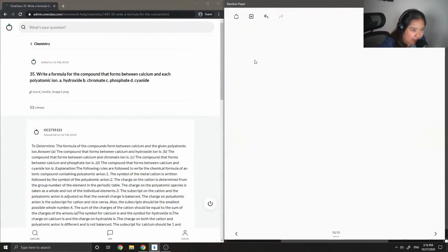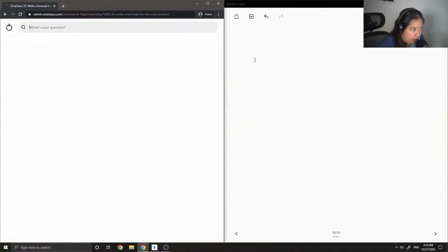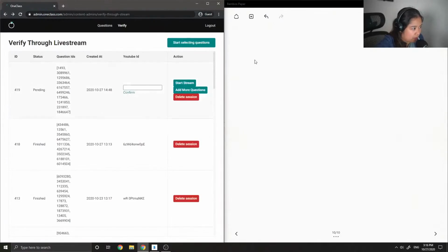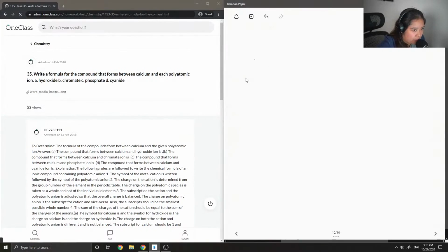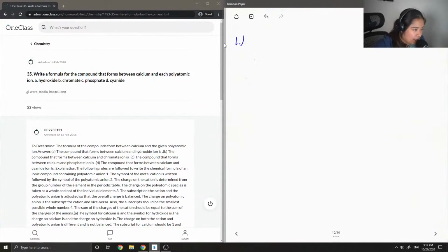Okay, so question number 1. Write a formula for the compound that forms between calcium and each polyatomic ion.